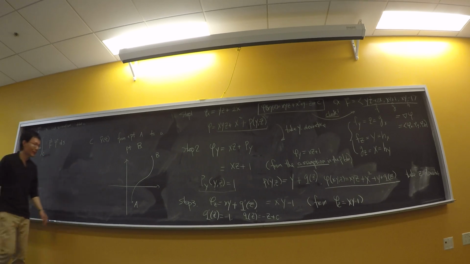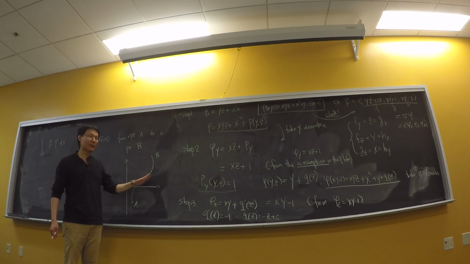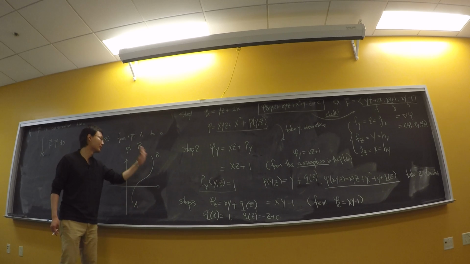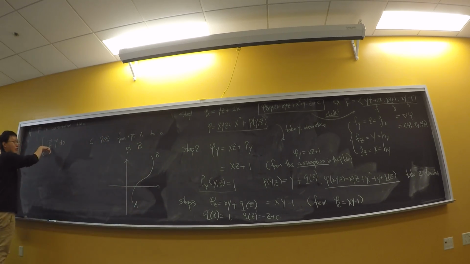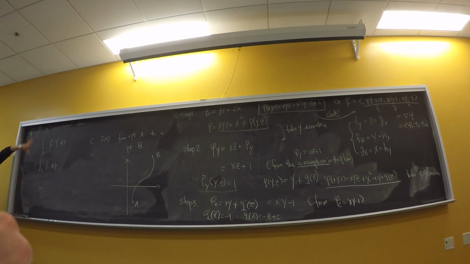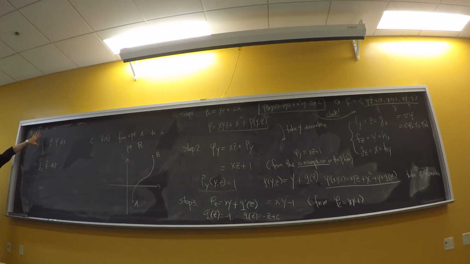That's good. So given any vector field and given any curve, we can find the line integral with respect to this curve of this vector field. There is another notation about this line integral. Those 2 are equivalent. Those 2 are just 2 different notations for the same object. This is also the line integral with respect to this curve of the vector field.